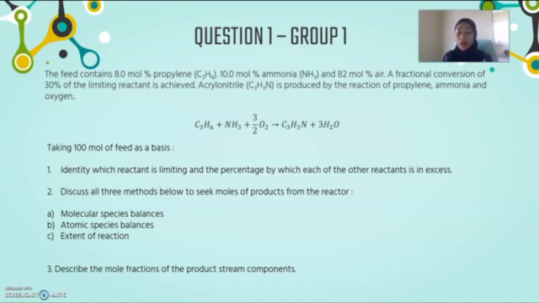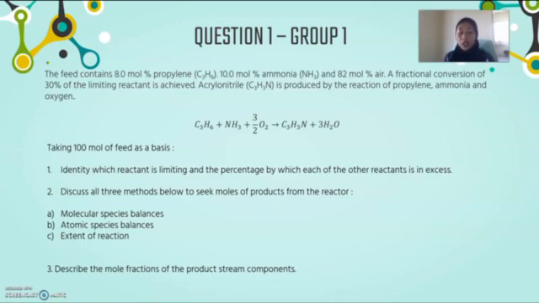For number 1, identify which reactant is limiting and the percentage by which each of the other reactants is in excess. Number 2, discuss all three methods below for the 6 moles of product from the reactor.